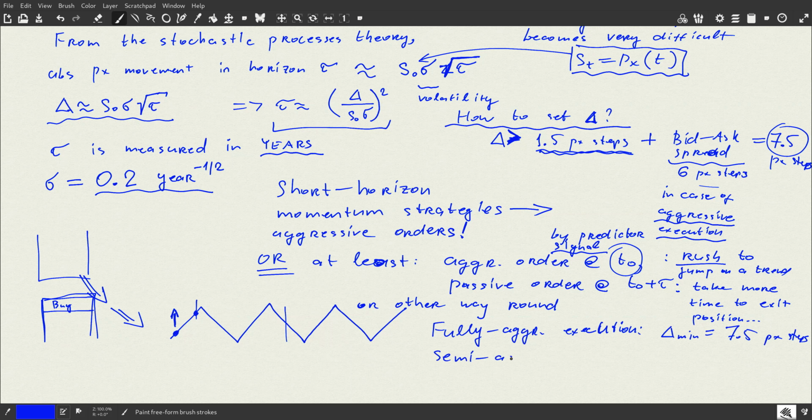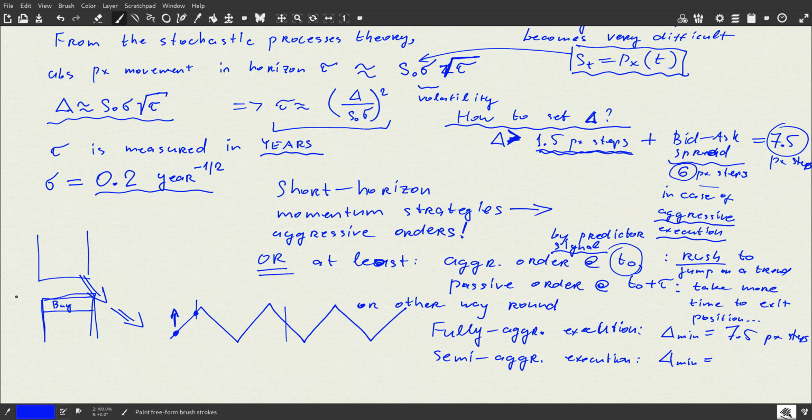Semi-aggressive, if feasible, it may or may not be, delta min is, therefore, then instead of 6 price steps, you spend only how much? You spend 3 and you earn 3, roughly. I will be only losing the fees, right?